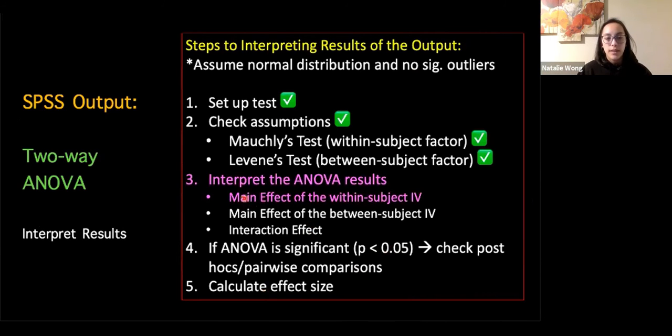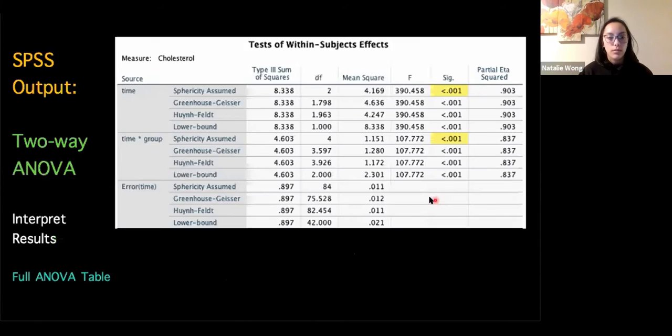So I've split these up this time as we're looking at the main effect of our within subject independent variable first, because we have to go to different tables in our output now. Because time is our within subject variable, we go to the test of within subjects effects ANOVA table. In this table, we'll get our p-value for the main effect of time.